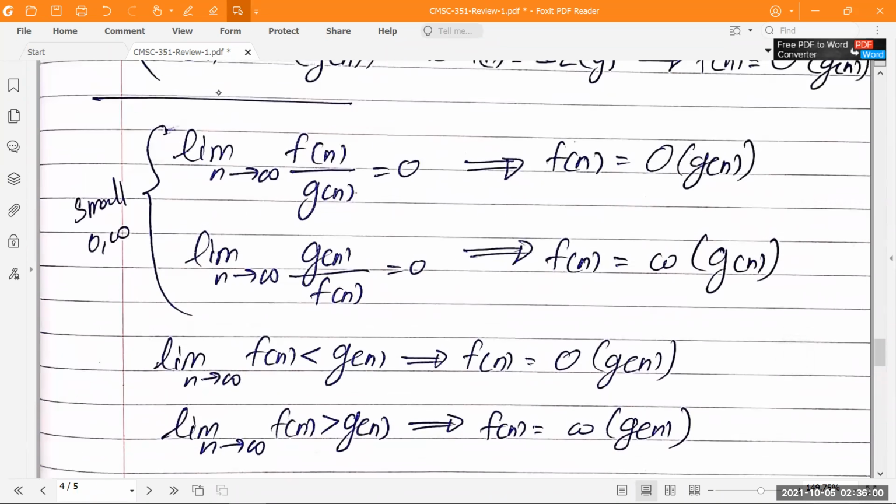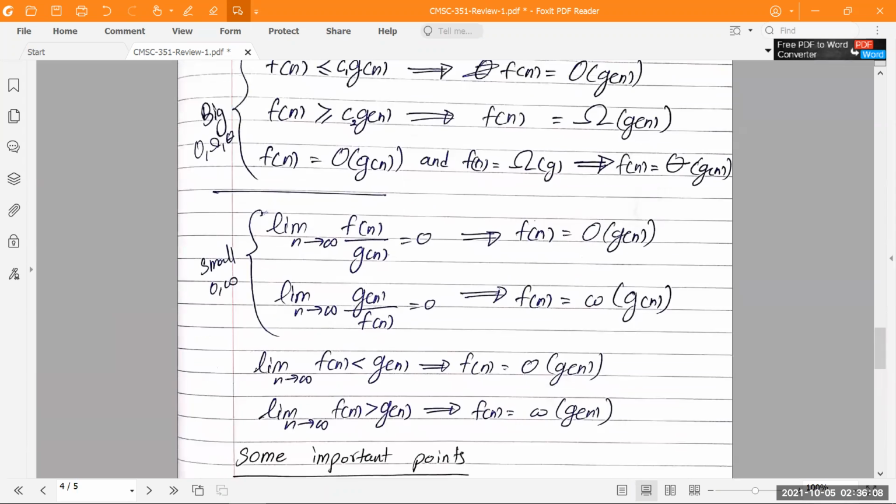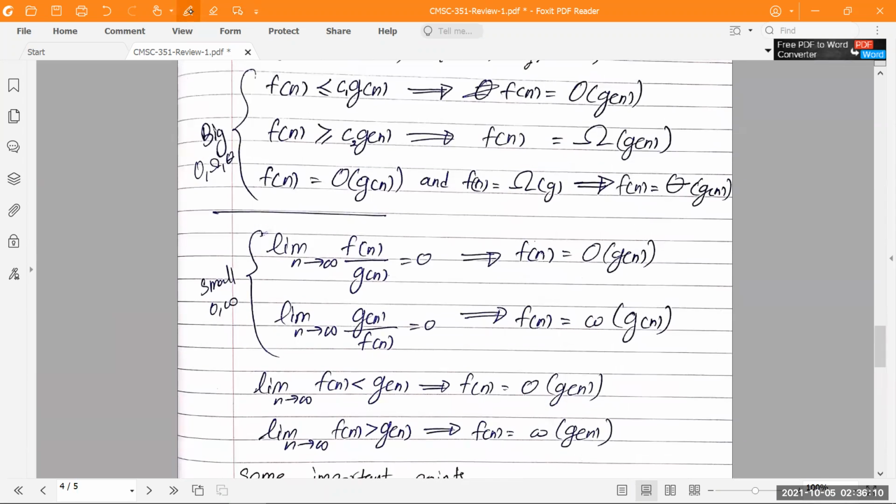We talked about stronger statements and weaker statements. I'll look into two statements here. Which of these is the stronger one? This is stronger than this.